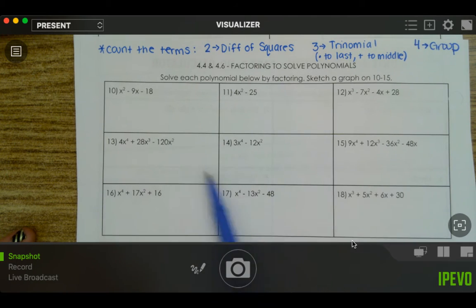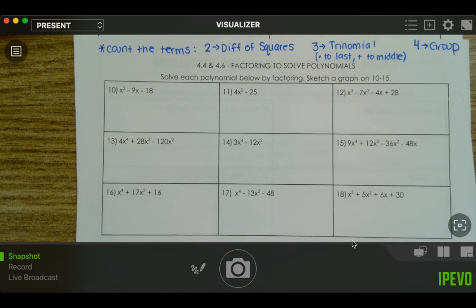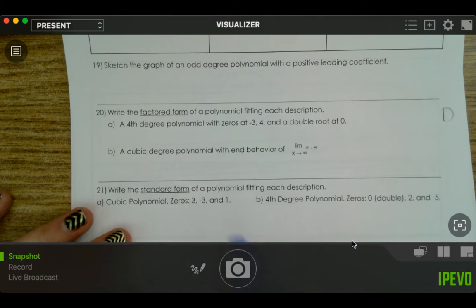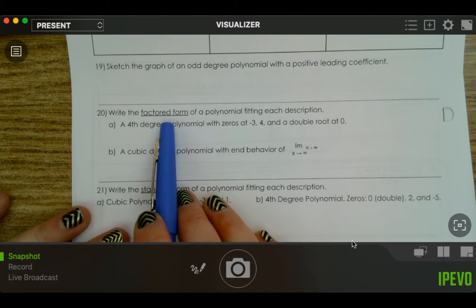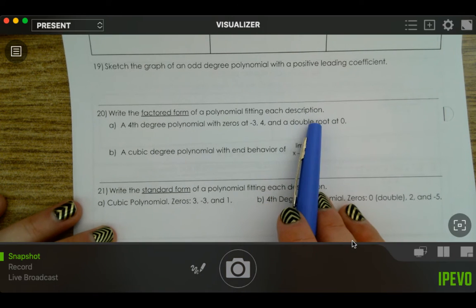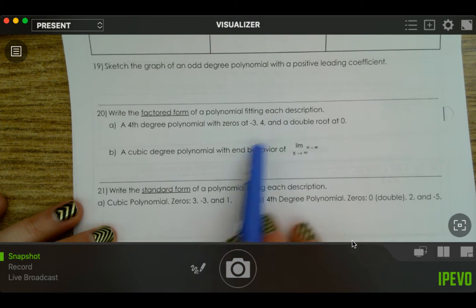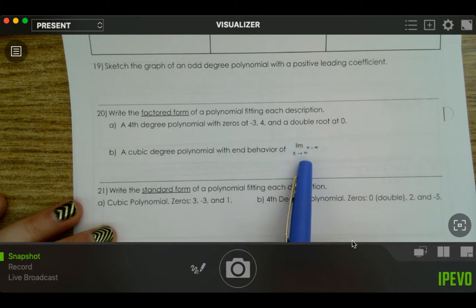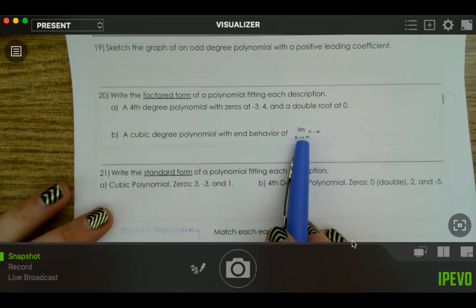Then, keep going down, you will also need to be able to write the equation of a polynomial given the zeros. So here I have zeros for you. Here I tell you the degree, and I give you the limit or the end behavior.